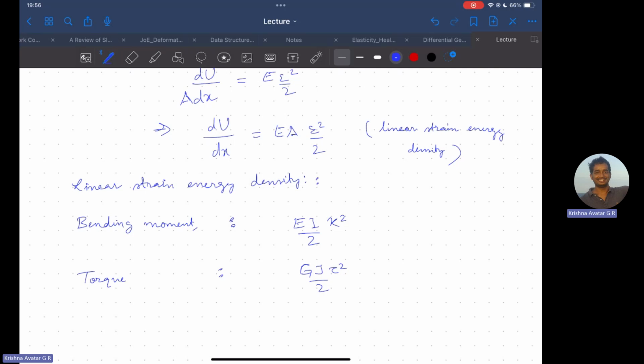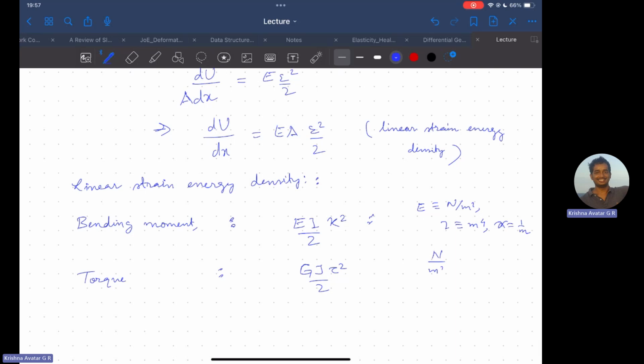And we can also verify it by looking at the dimensions. E has Newton per meter squared, I has meter to the power 4, and kappa has per meter.